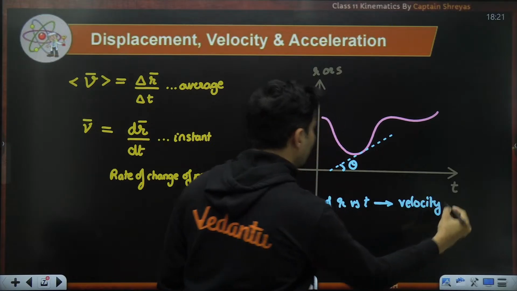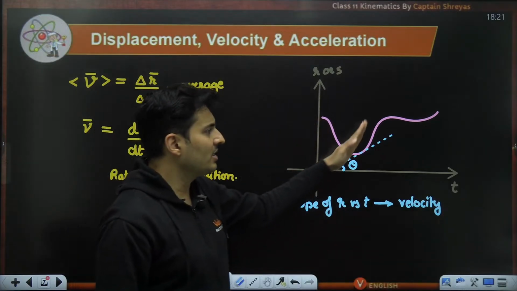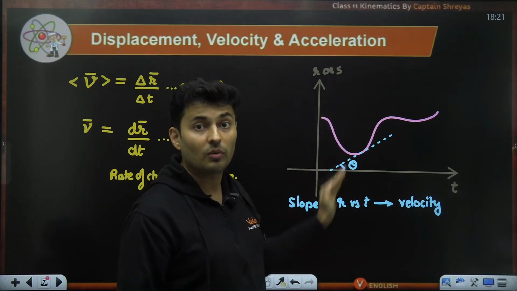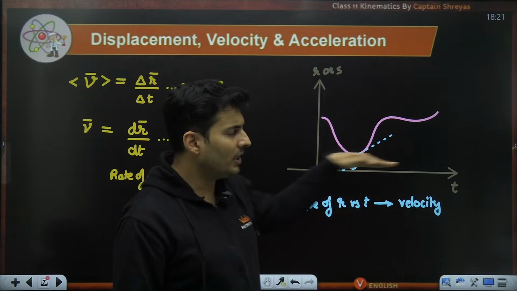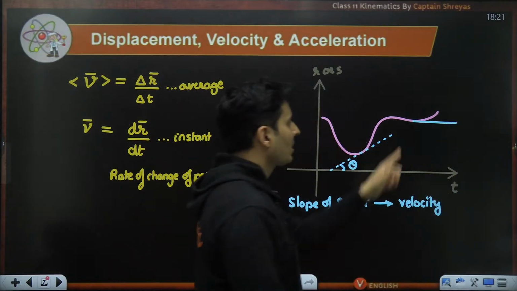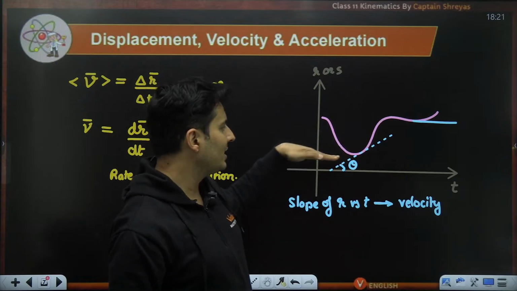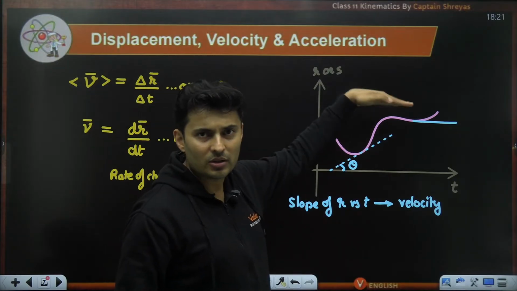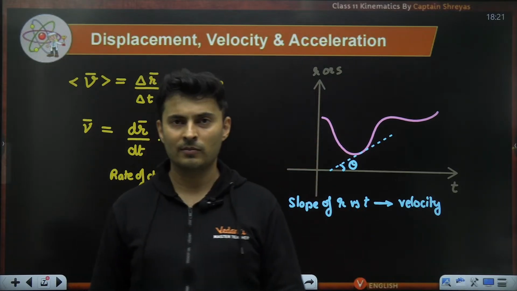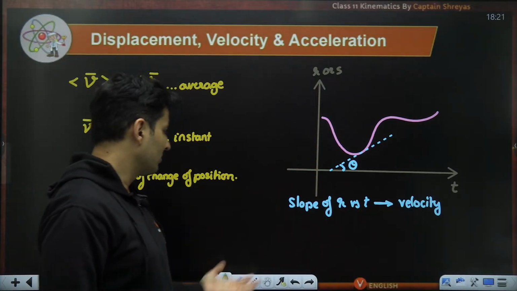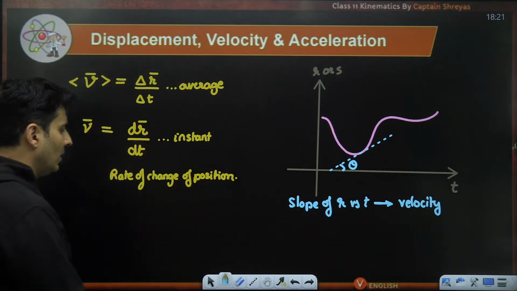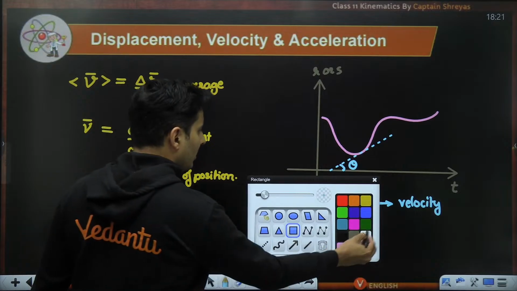The slope, how steep it is. If the position is changing fast, zoop, it will be here. Fast it is changing, so velocity is higher. If it is not changing, then the graph will be like this, I mean, horizontal. So at this point, you can see the graph slope is horizontal. That means it is 0. So at that instant, your velocity is 0. Okay. So that is what the graphical meaning will be of instantaneous velocity.